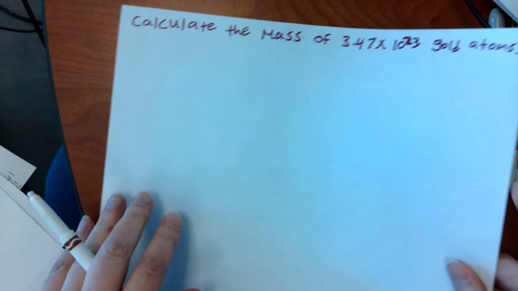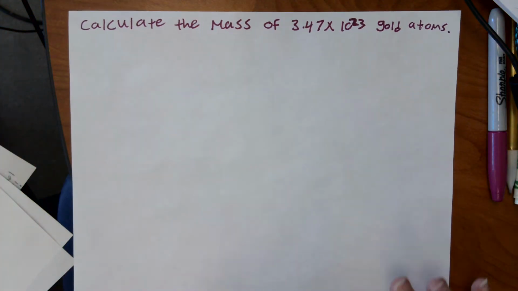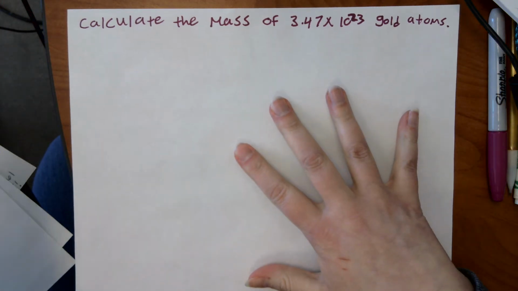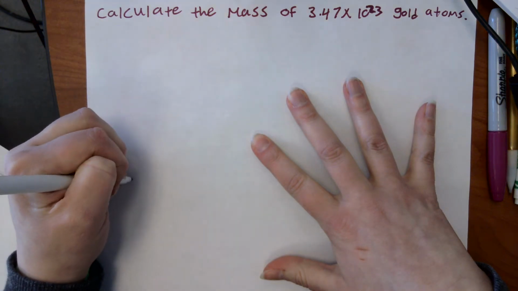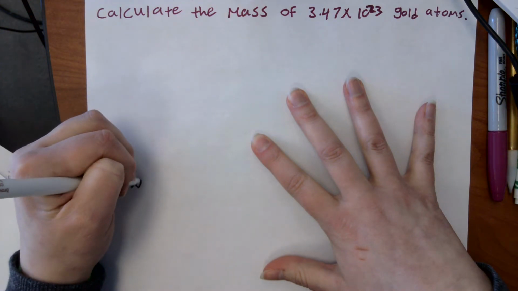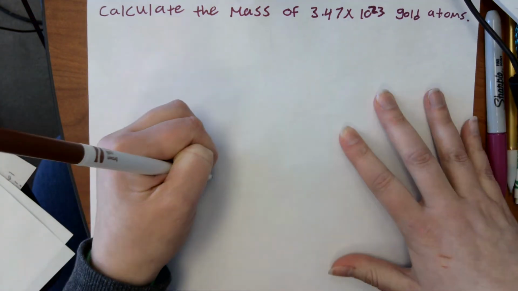So let's try another one. Here we have one that says calculate the mass of 3.47 times 10 to the 23rd gold atoms. Okay. Number one. What is important?